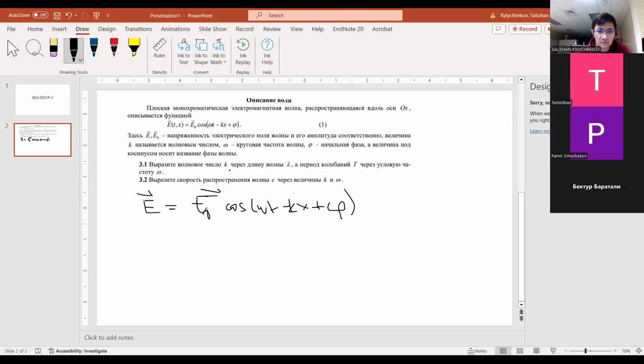Express the wave number k and the wavelength lambda. Good, thank you. It's just the way you write the syntax.